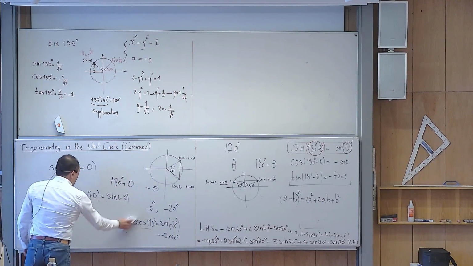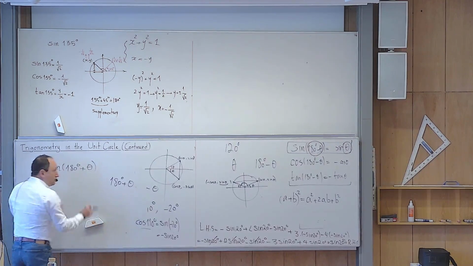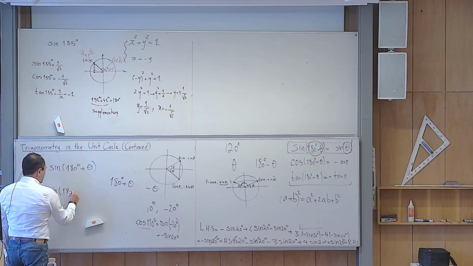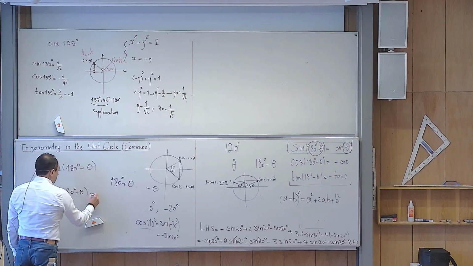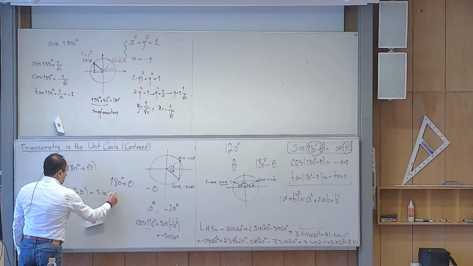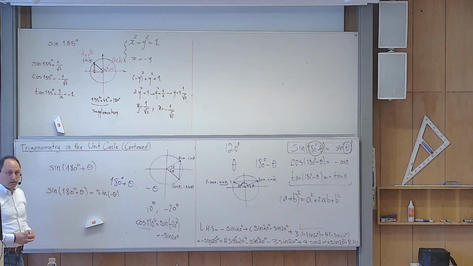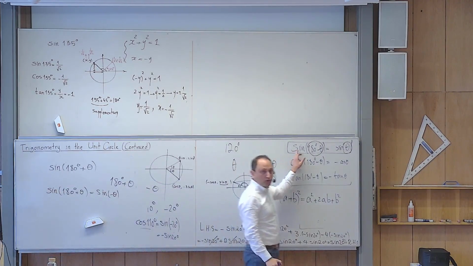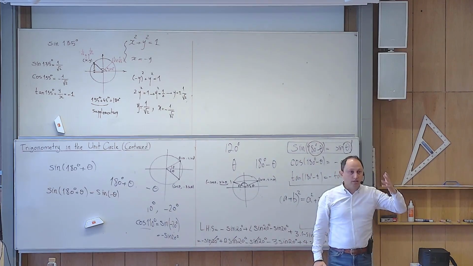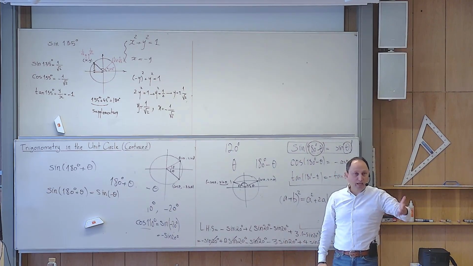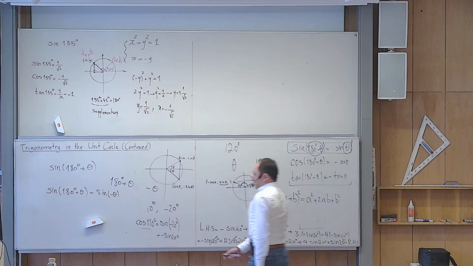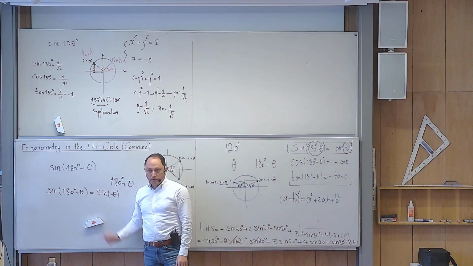Okay, now let me use this sentence. Can I write this or not? Can I write this using the message you got from the first one? What was the message? The sines of supplementary angles are equal. Using this message, can I write such a thing?